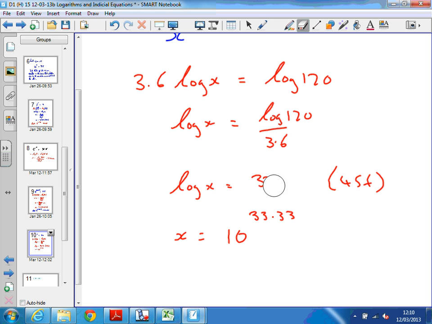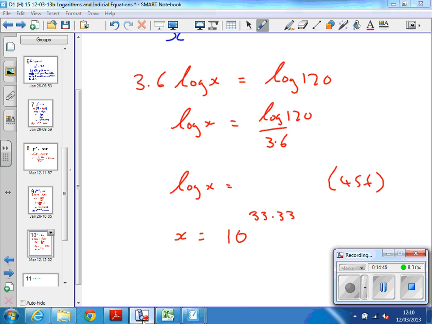Which means the log of x is, so what is the log of 120? Okay, so log of x is 0.5775. That's a bit more sensible.